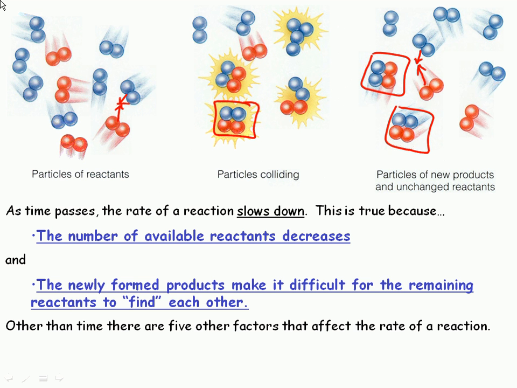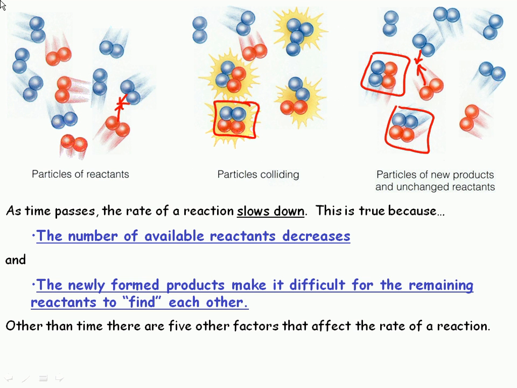Other than time, there are 5 other factors that will affect the rate of reaction. And what you want to think about in every single one is this idea of collision theory, the idea that reactant particles have to find each other inside of the container, have a collision with the right orientation, and with the right amount of energy.